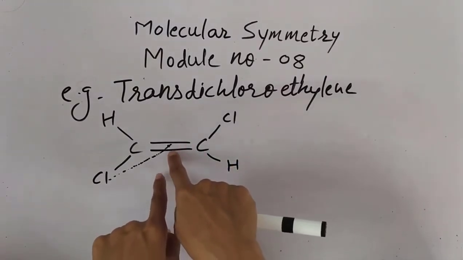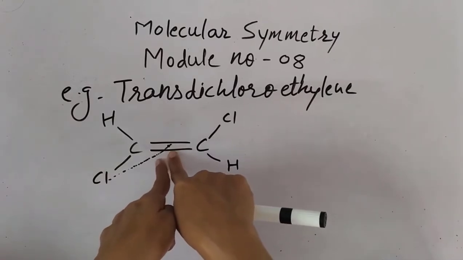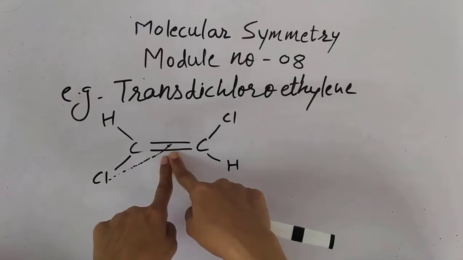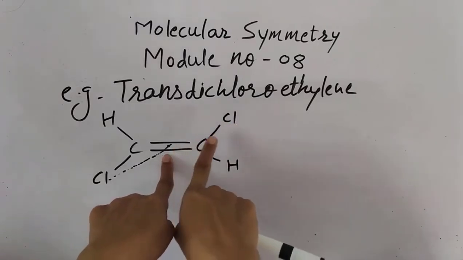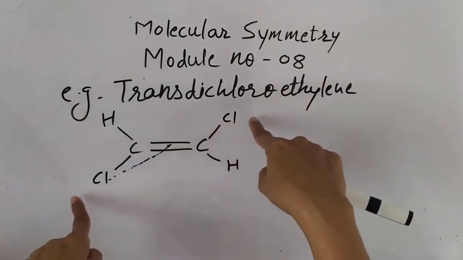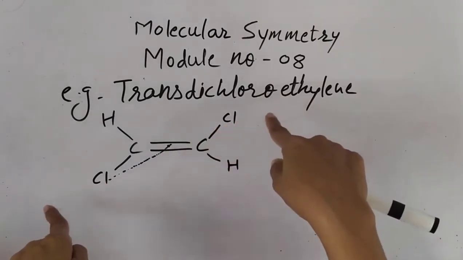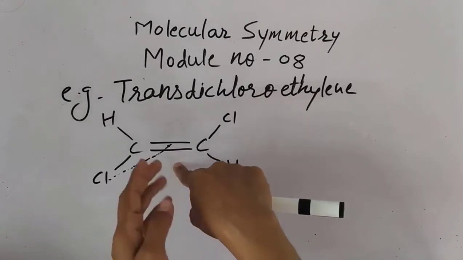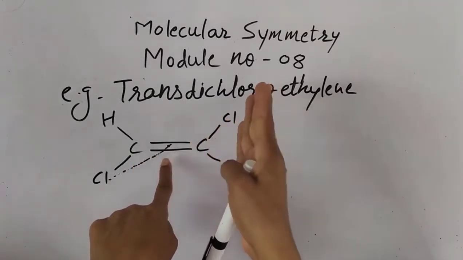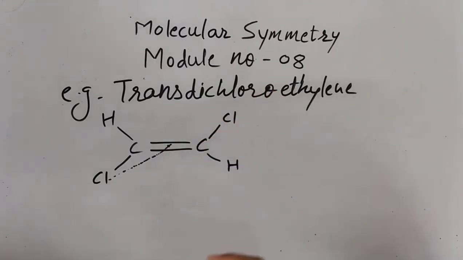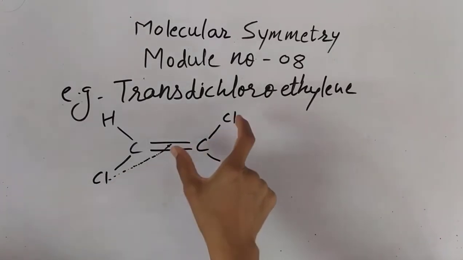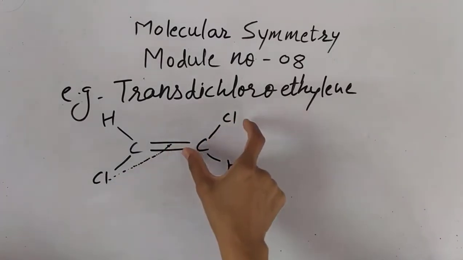Suppose from this center of gravity, the direction of this chlorine atom is in this way, while the direction of this chlorine atom is in another way. So both these chlorine atoms are present in opposite directions from the center of gravity, and both the chlorine atoms are at equidistance. Alright, according to our definition.